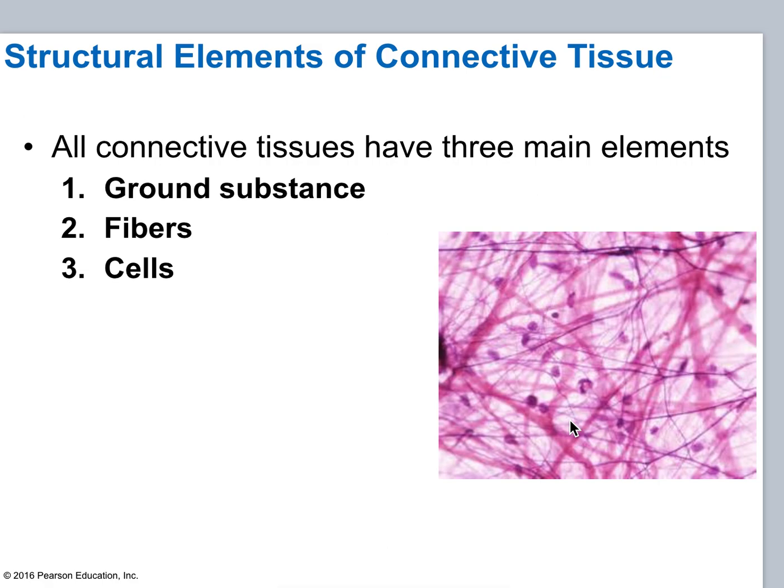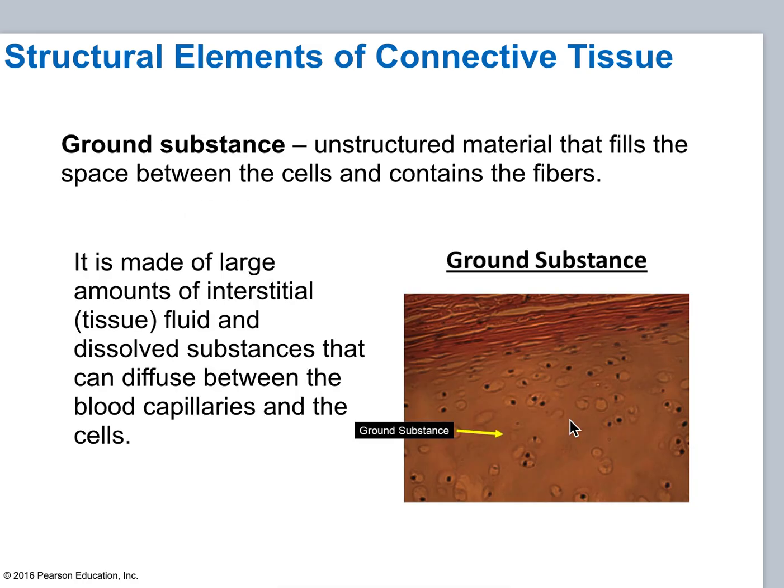There are some common variables that are seen in all connective tissues, and that is ground substance, fibers, and cells. So all connective tissues have these three components. What are these? What is ground substance? I mentioned before that the connective tissue has a lot of stuff in between the cells. That stuff is the ground substance.